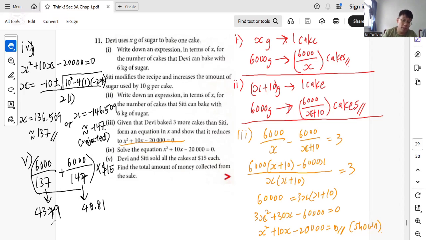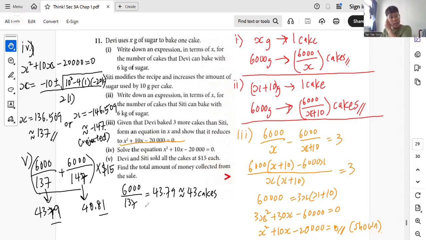So if I combine these two decimal places, like the decimal behind, you can form one cake already, but then again, you cannot just mix the two together. All right, so we can't do this. So that means I have to do another way. So 6,000 over 137 is equals to 43.79. So that means you only can round down. So only can have 43 cakes.